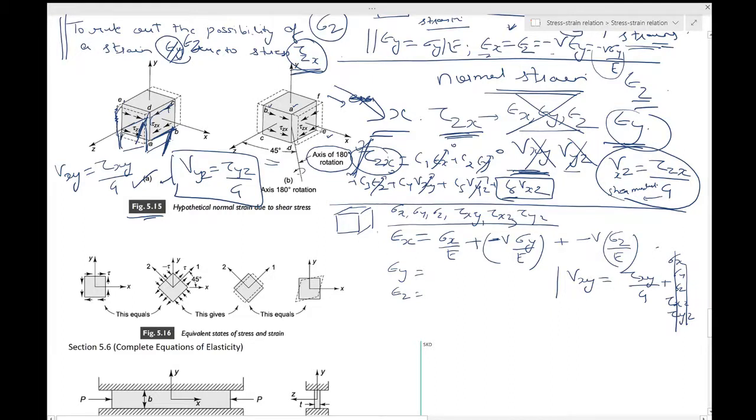So this set of 6 equations, 5.2, is called the generalized Hooke's law. It tells you the relationship between stress and strain in a 3-dimensional case, written in terms of the material properties E, nu and G. All three of them are employed in writing this generalized Hooke's law.